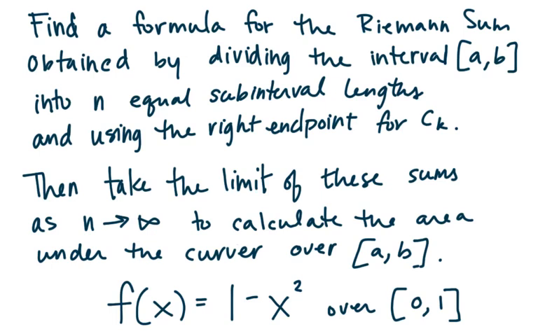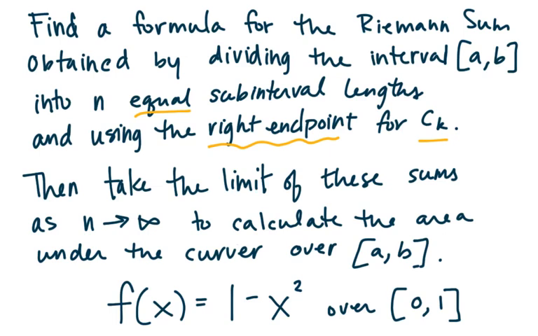So we're going to find the formula for a Riemann sum obtained by dividing that interval from A to B into n equal, notice equal in this situation, subinterval lengths. And we're going to use a right endpoint for my c sub k value. So that's how I'm going to choose my height.